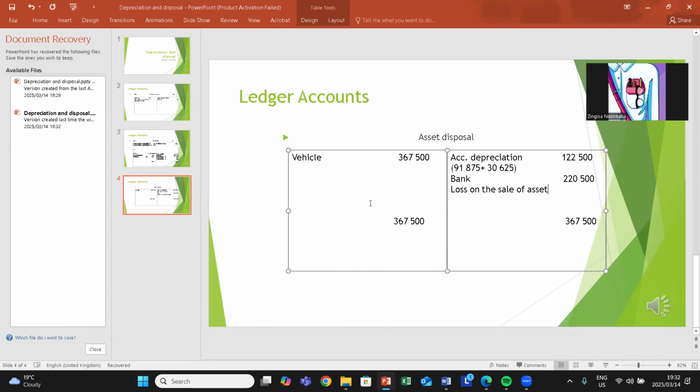We did a loss. Question is how much will be our loss? So how are we going to get our loss? We'll basically say 367,500 minus 220,500 and also minus 122,500. And then we'll get the loss that we made on that asset.